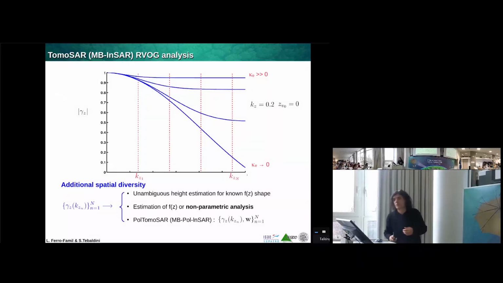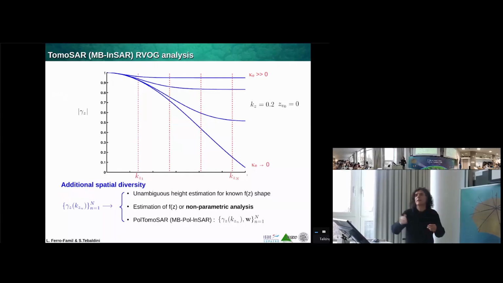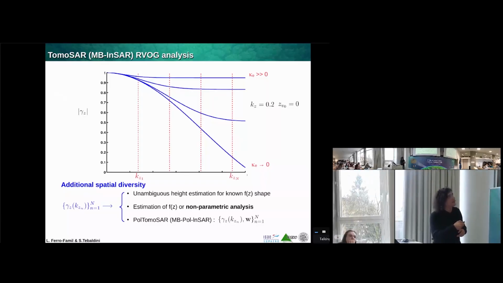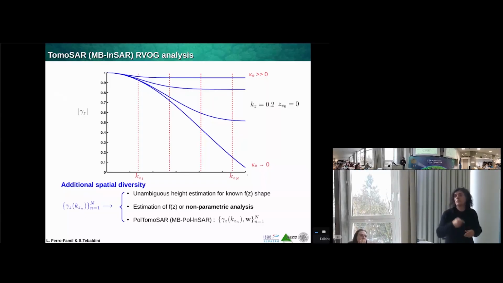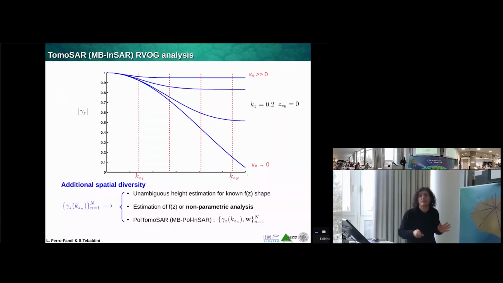So it represents a large stack. And with these 7 acquisitions, we are going to sample the spectral domain at 7 positions here. And from these 7 points, applying Fourier transform, we'll try to retrieve the reflectivity, the shape of the density of reflectivity in elevation. This is as simple as that.